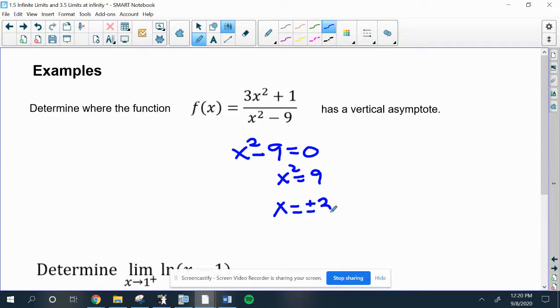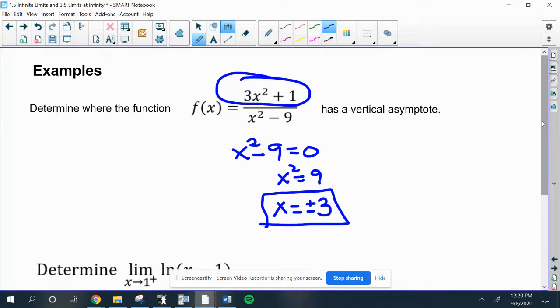That's the two vertical asymptotes. Make sure neither of those numbers make the top go to 0, but they don't. So those are the two vertical asymptotes. There we used the theorem.